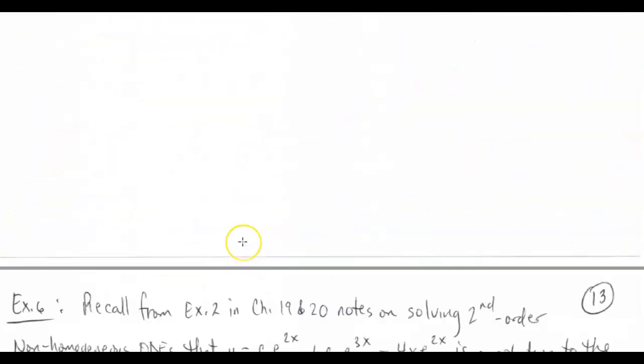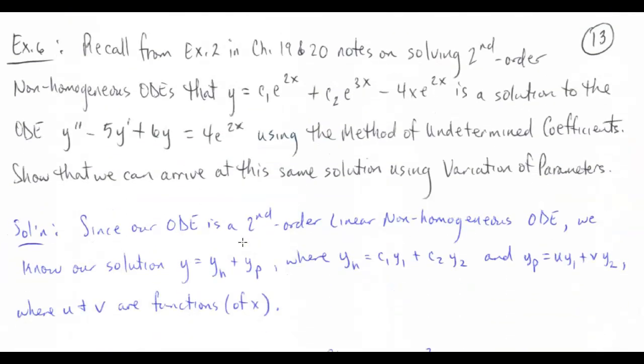All right, so for the last example that I want to do, this example is showcasing a problem that we did in a previous video that I've done for you. If you watch my video on solving non-homogeneous linear equations, particularly of second order, by using method of undetermined coefficients, this was a problem that I did in one of those videos.